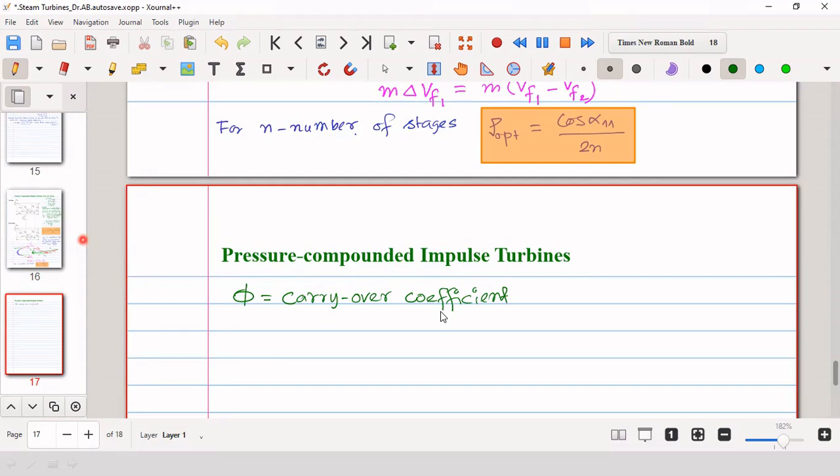It is the fraction of the kinetic energy corresponding to V2, which is available for utilization in the nozzle of the succeeding stage.